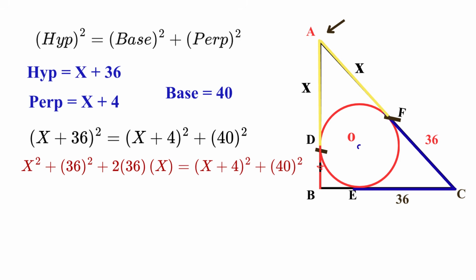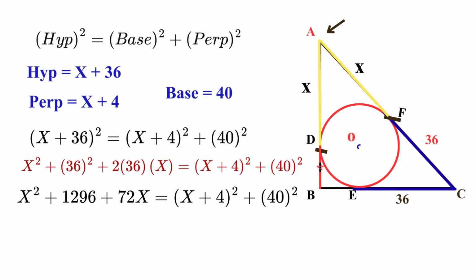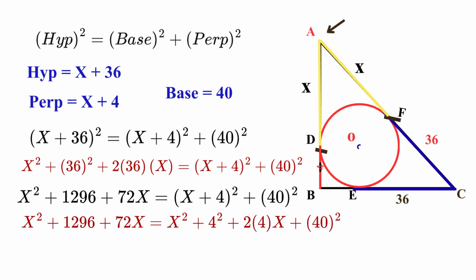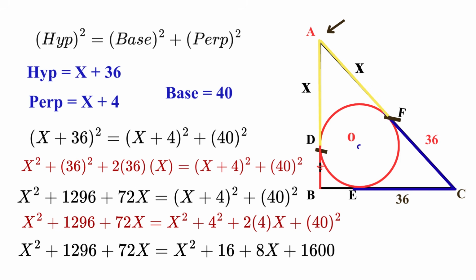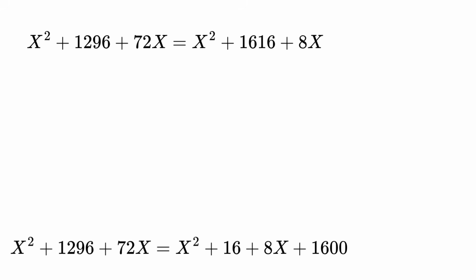By simplification, it becomes x squared plus 1296 plus 72x, while the right-hand side becomes x squared plus 4 squared plus 2 times 4 times x plus 40 squared, and it equals x squared plus 16 plus 8x plus 1600, or x squared plus 1616 plus 8x. So our equation becomes x squared plus 1296 plus 72x equals x squared plus 1616 plus 8x.